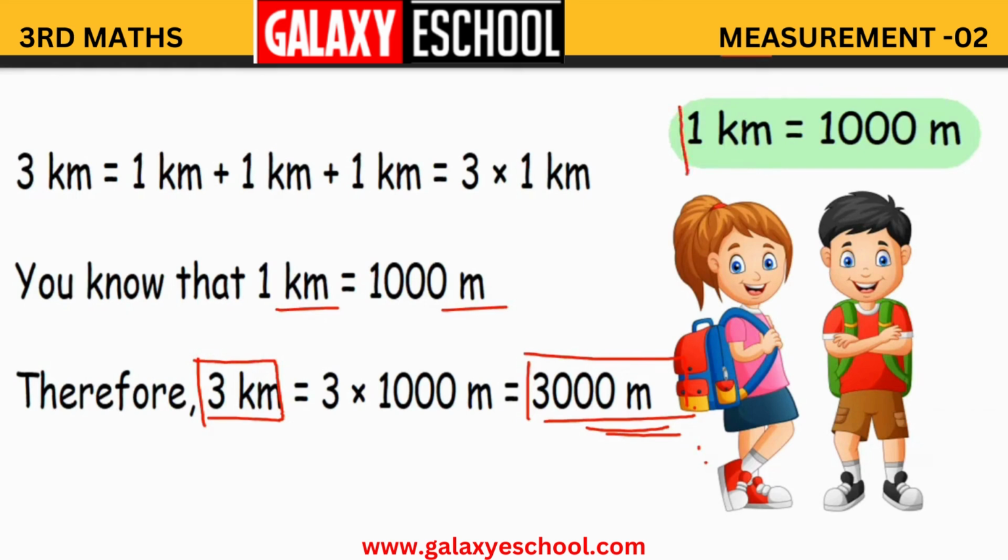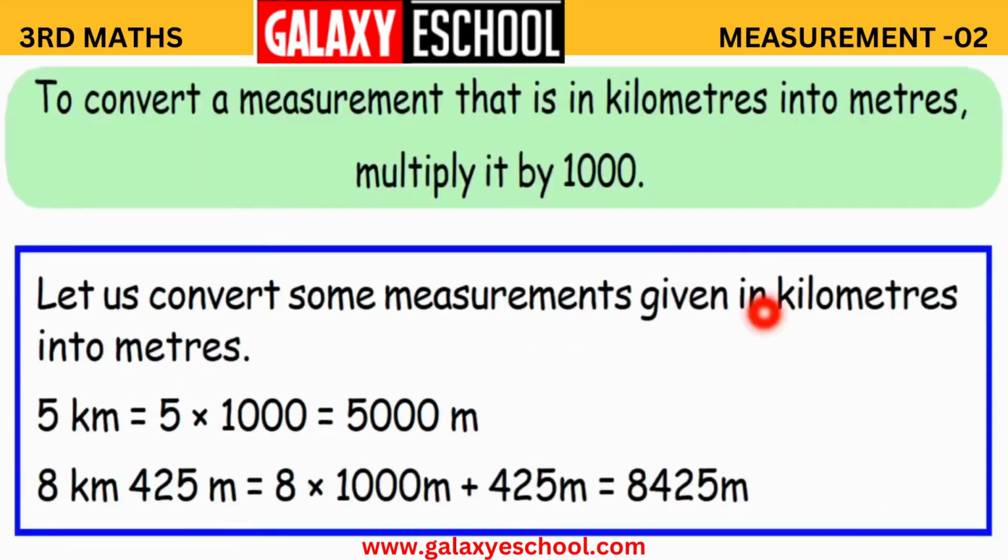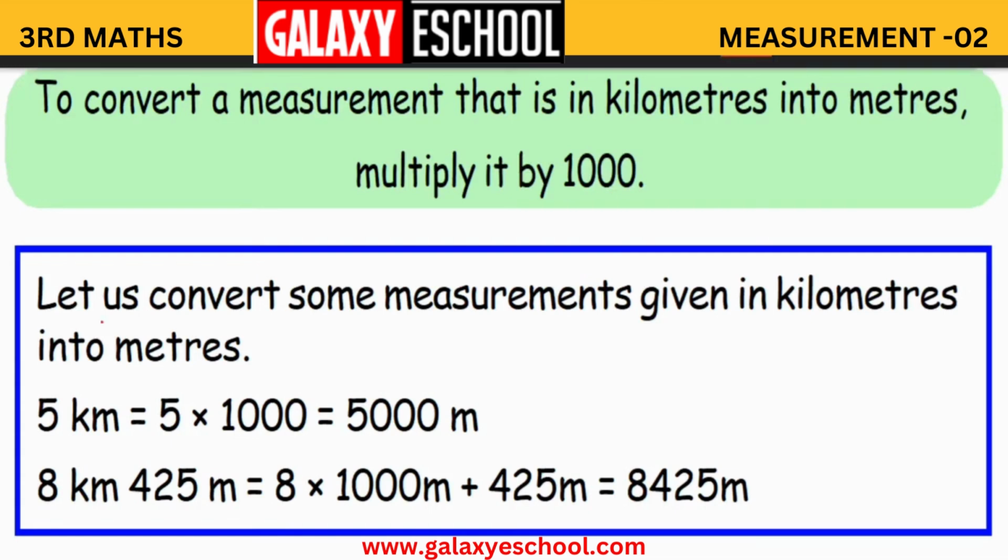Understood, children? And what is the important point to remember here? It is that 1 kilometer is equal to 1000 meters. To convert a measurement that is in kilometers into meters, we need to multiply by 1000. So, let us see how to convert some measurements into meters. How can we convert, children?